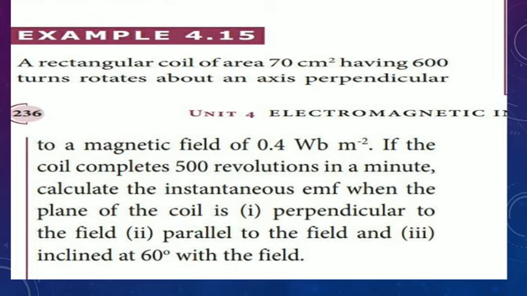So they are comparing with the magnetic field: when the plane of the coil is parallel to the magnetic field, perpendicular to the magnetic field, or at a particular angle. So we have to find out the instantaneous EMF.